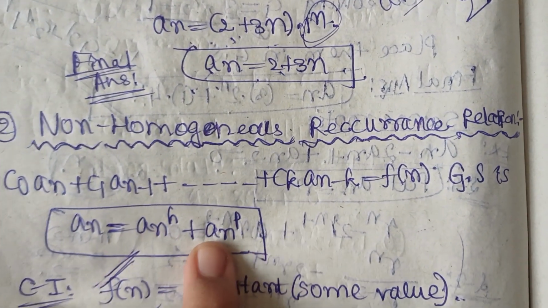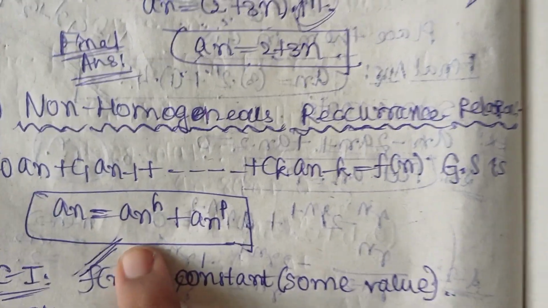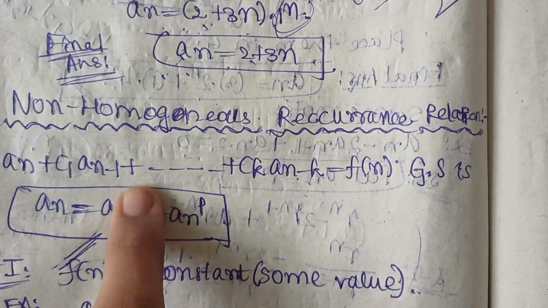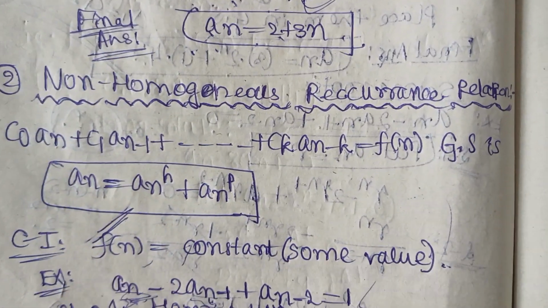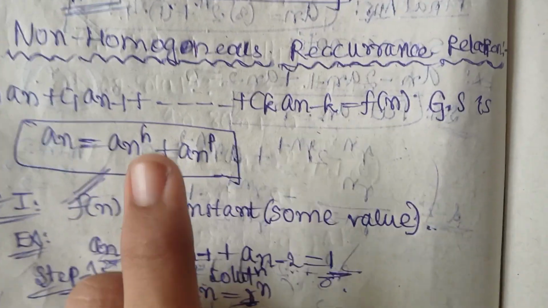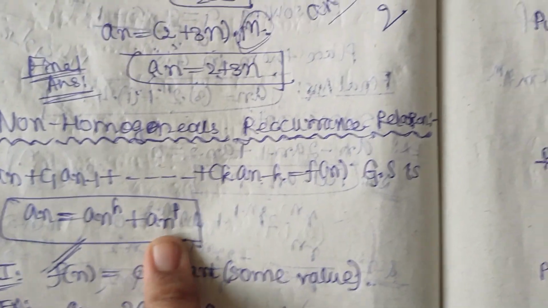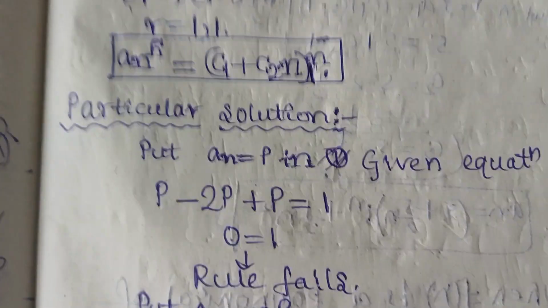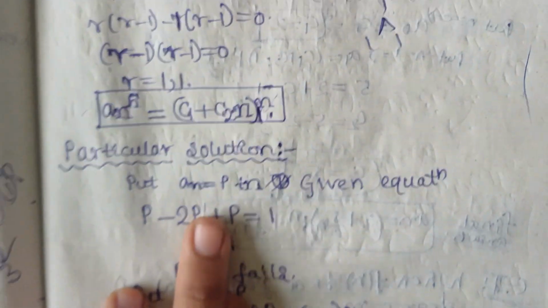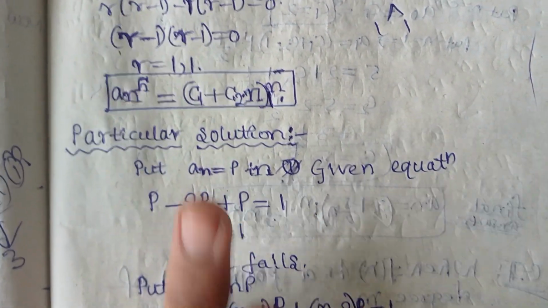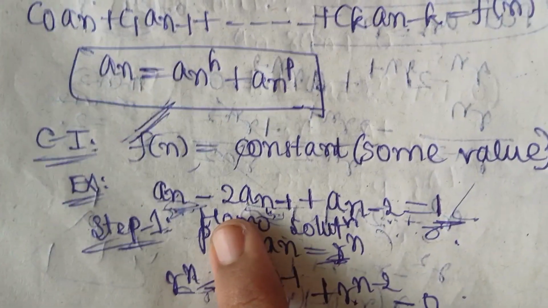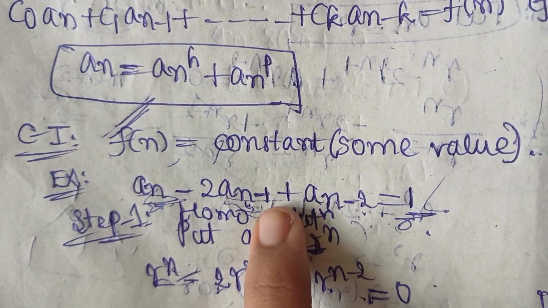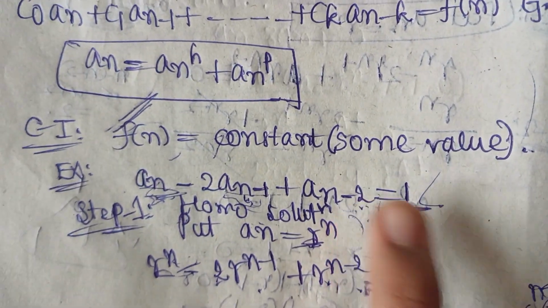And this is our equation, that is, an equals an^h plus an^p. Now we have found the first part, an^h, and the second thing we have to find is the particular solution, an^p. To find it, we substitute an equal to p in the given equation, an minus 2 an-1 plus an-2 equal to 1.